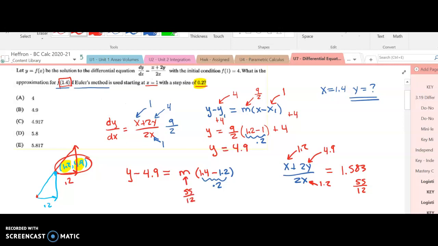So now we have 55 over 12 times that 0.2 is 0.9 and change, plus that 4.9, because I'm going to add that to both sides. My new y is 5.816 repeating, which rounds to 5.817. There's your answer.